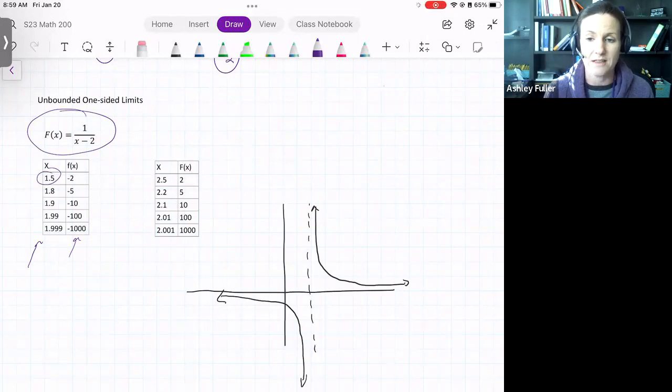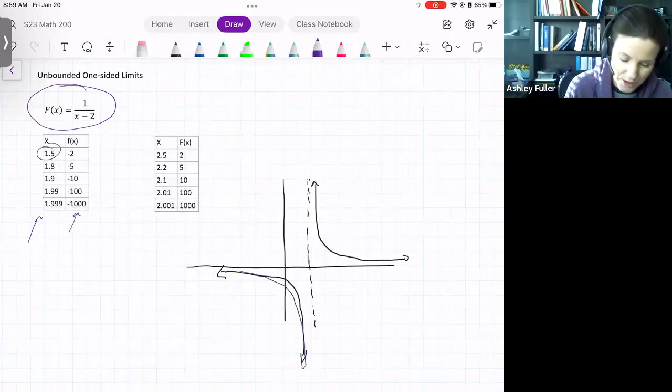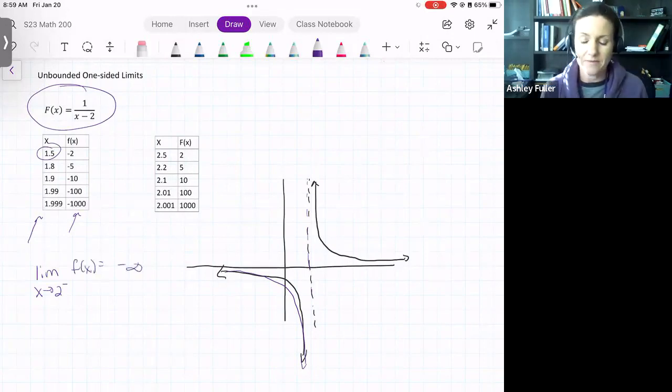It's not approaching a single value. Well, as we look at this graphically, we can see that as we get closer and closer to 2 from the left, it's going to approach -infinity. So we read this as the limit as x approaches 2 from the left of f of x is -infinity.